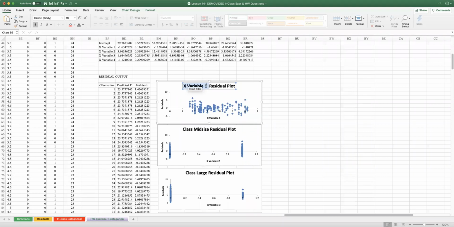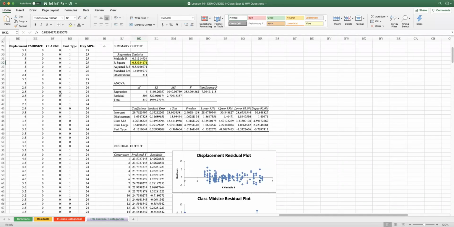And this is displacement. Okay, we can rename these. Okay, let's see what we got.